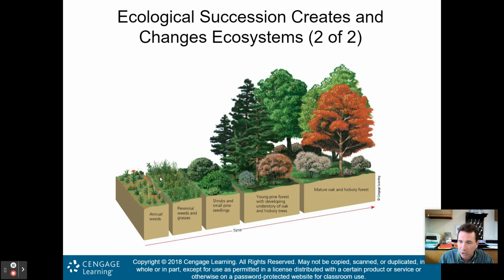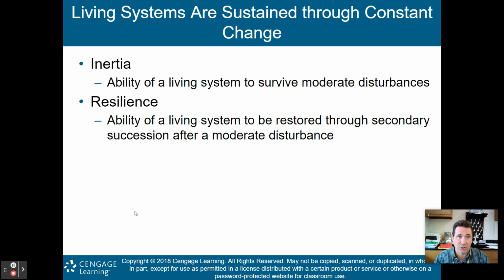We have soil there, so you don't need pioneer species to come in to break down the rock into soil. You can just start growing weeds and grasses right in the soil, and then over time you get a mature forest to form in that area. Again, the big difference is that soil is there at the beginning in secondary ecological succession.